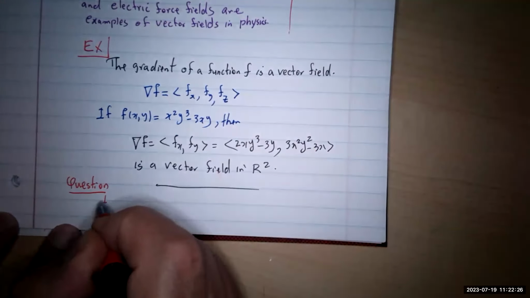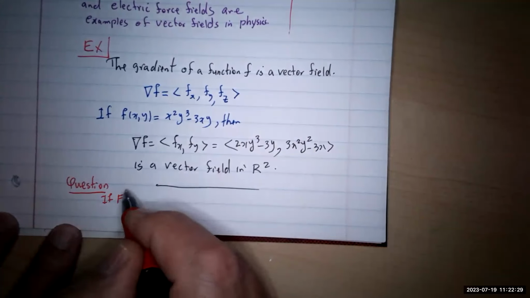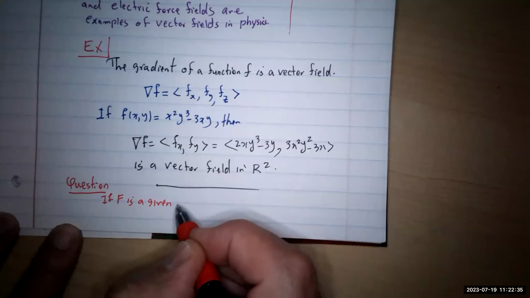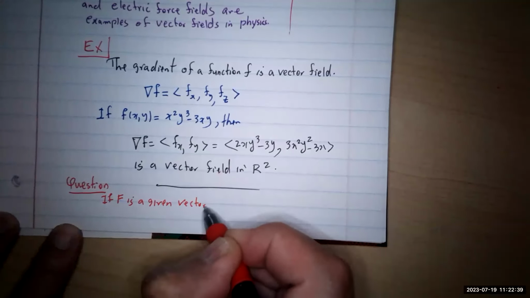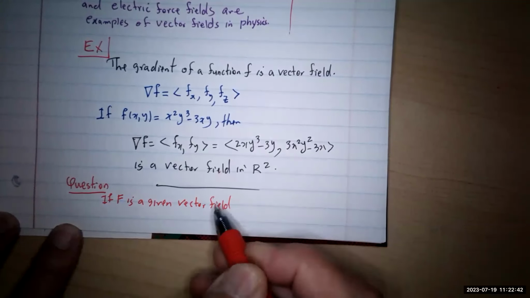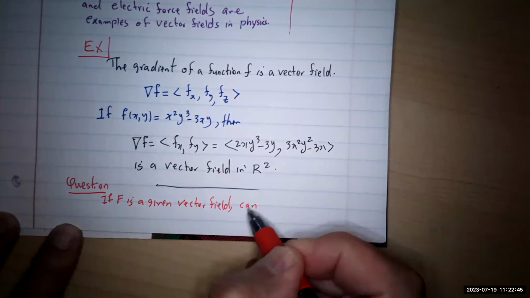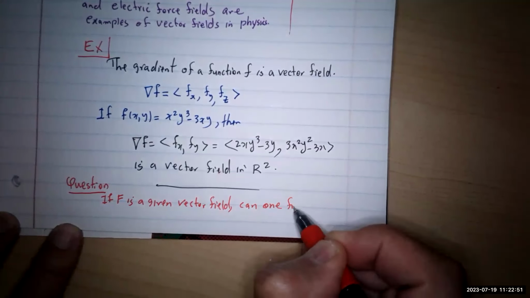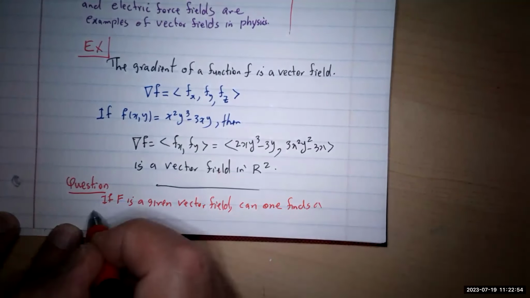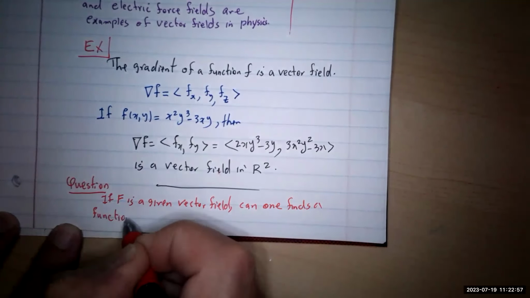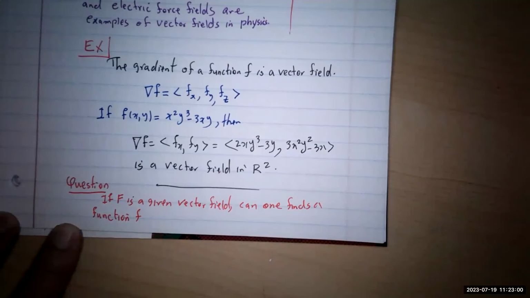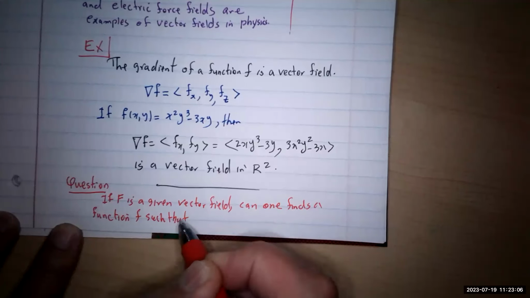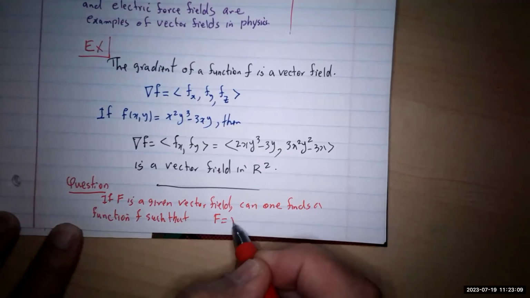If F is a given vector field, can one find a real valued function f such that the gradient of the function is the same as our vector field?